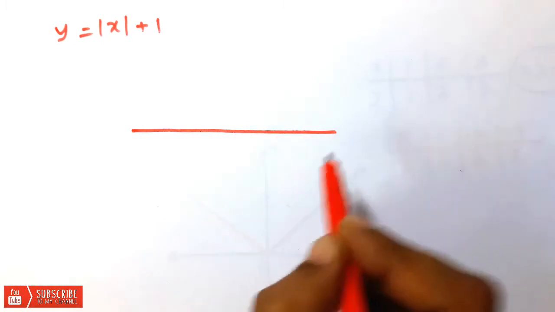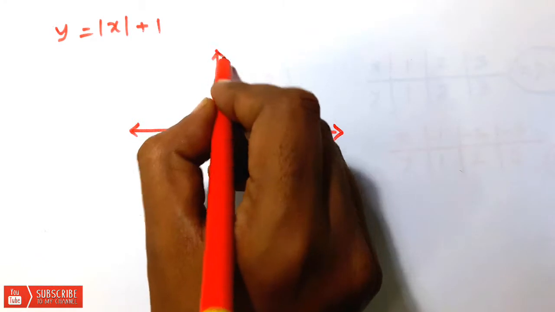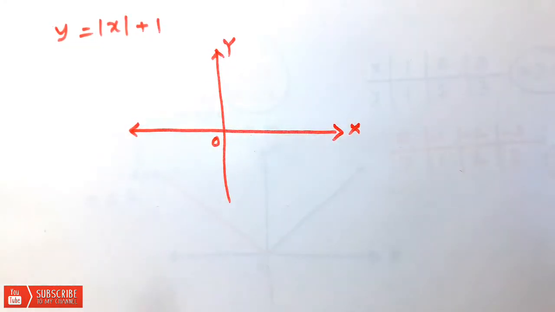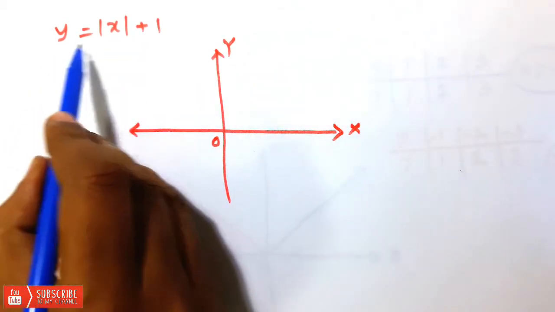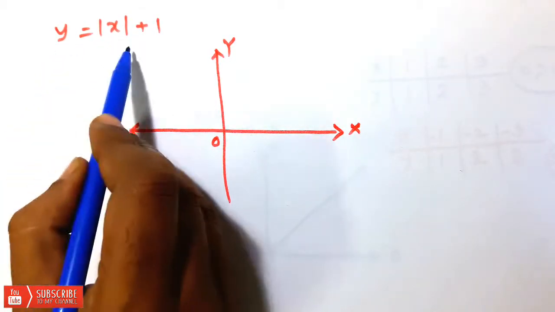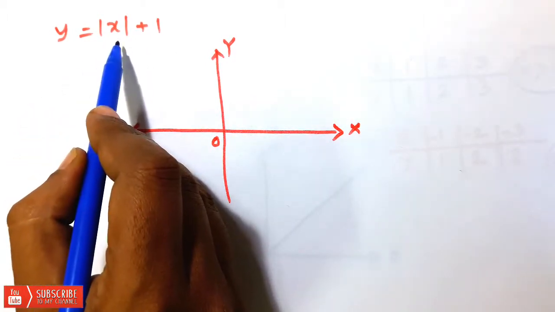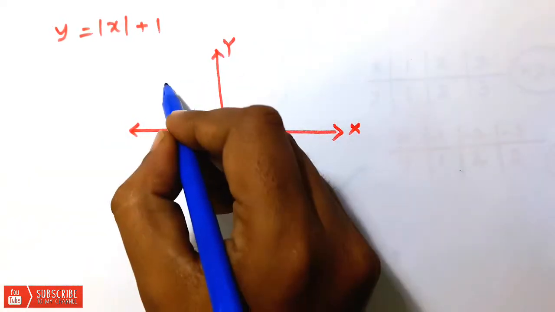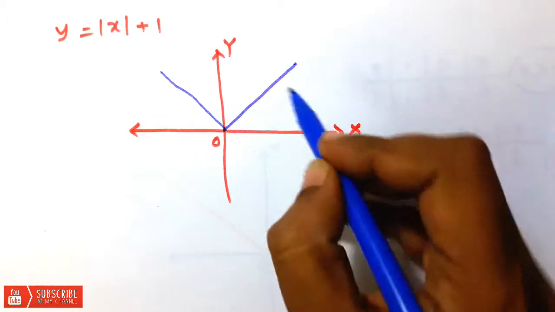See, this is the x-axis, this one is the y-axis, origin O. If you split it, you will find one function is y is equal to mod x, another one is y is equal to mod x plus 1. So first of all we shall draw y is equal to mod x. Earlier I discussed this; the curve is like this one.